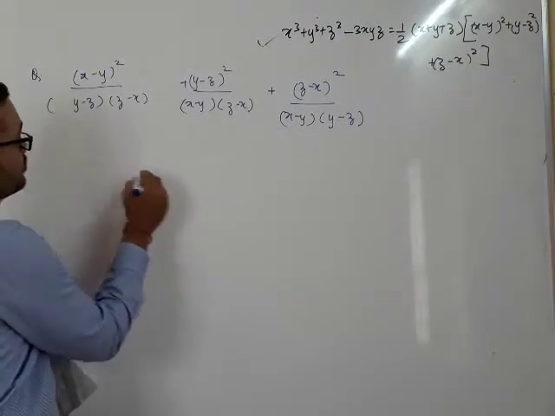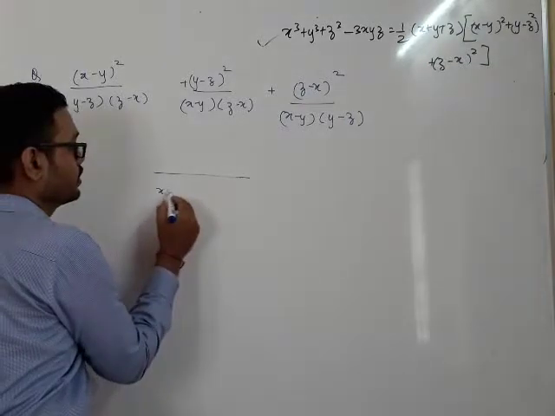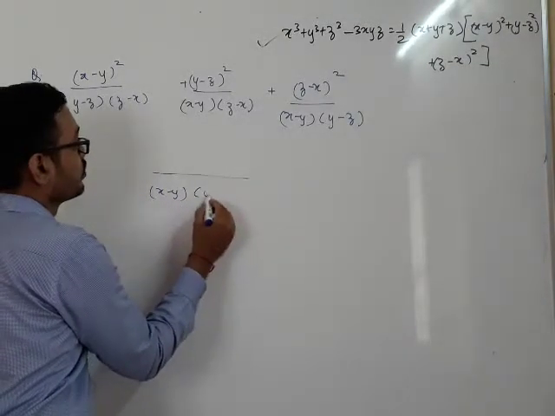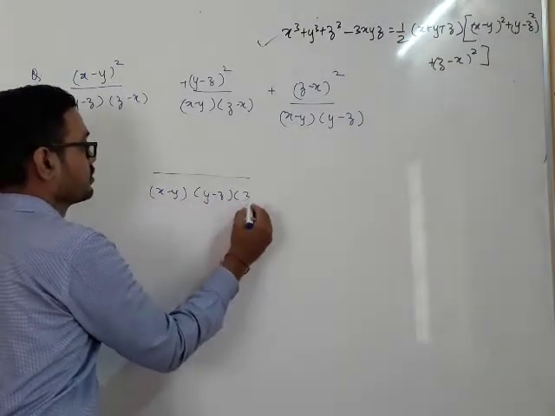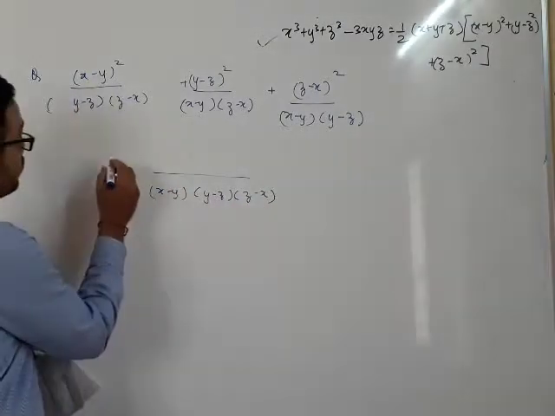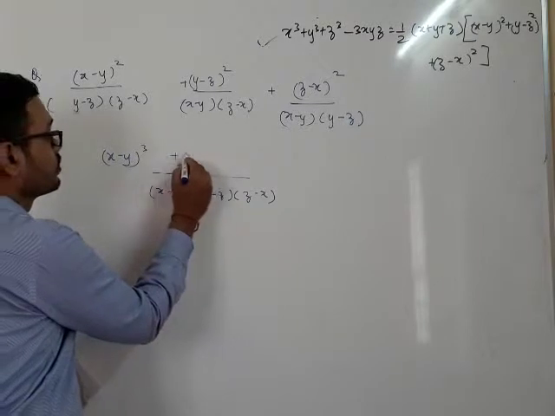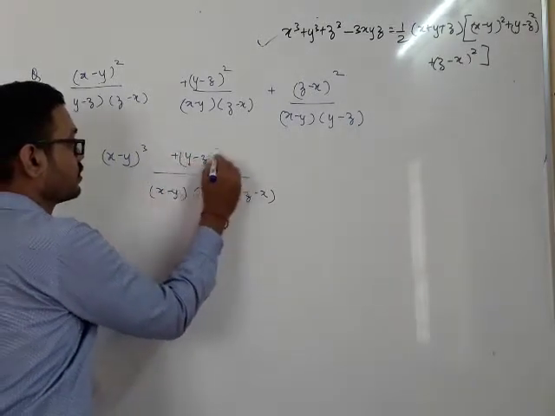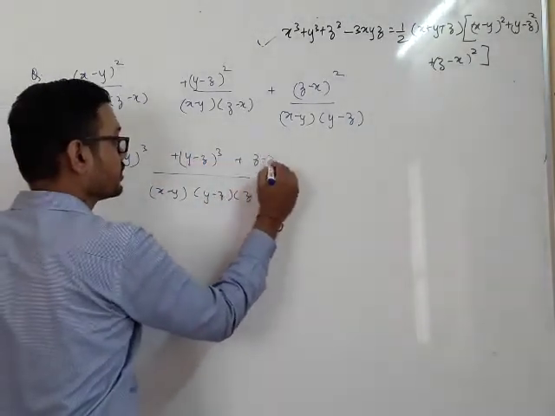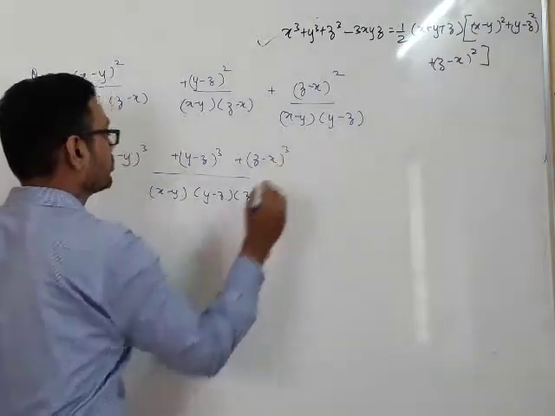First you take an LCM of x minus y, y minus z, z minus x. You will find this term will become (x minus y) cube plus (y minus z) cube plus (z minus x) cube.